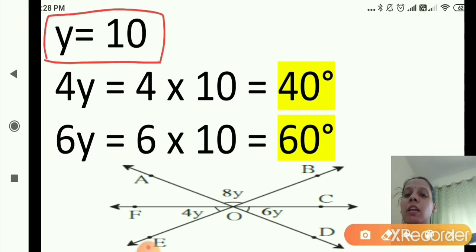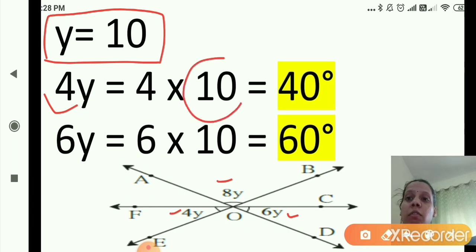Now we will put this in these measures which are given. In the figure, as you can see here, this is given 4y, this is given 8y, and this is given 6y. Now we got the value of y, that is 10, that we will put in this. So 4y means 4 multiplied by, in place of y we will take 10, correct? So 4 multiplied by 10, that is 40 degree, means this angle is of 40 degree.